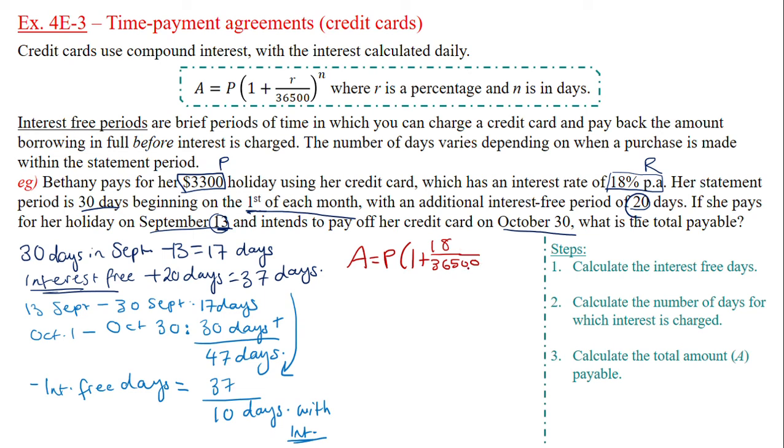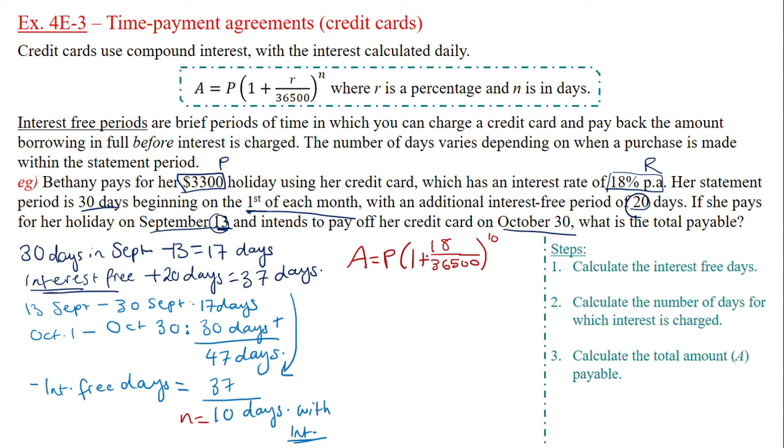These two zeros here, so this factor of 100 in the denominator will convert that to a decimal for you, multiplied by, this here is N. So N is 10 days. So that's how many days she's being charged interest. She got away with not paying any interest for the first 37 days that she did not pay off her credit card, but then her interest-free period ran out, and she has 10 days total of interest accrued.